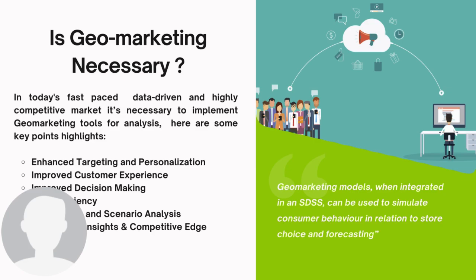Optimized store placement. It helps businesses choose optimal locations for new stores or distribution centers by analyzing regional data and competition. Enhanced customer insights provide a deeper understanding of customer behavior and preferences based on geographical patterns and their shopping patterns.